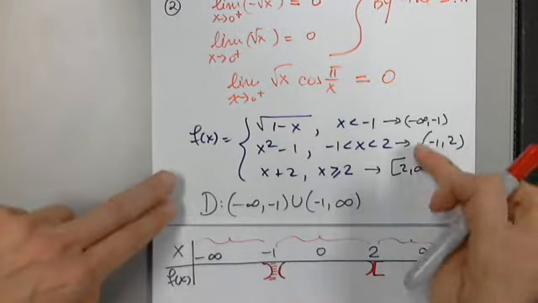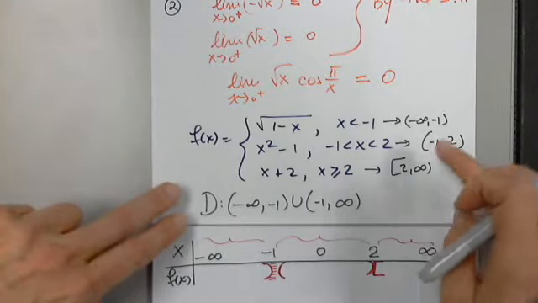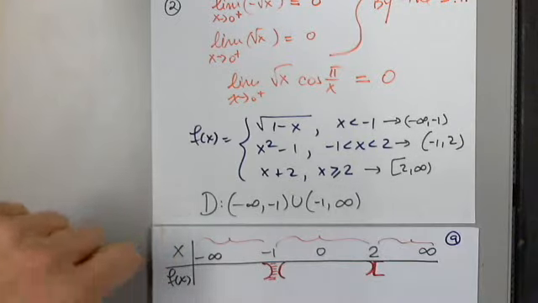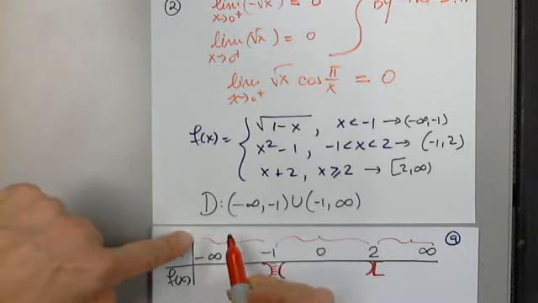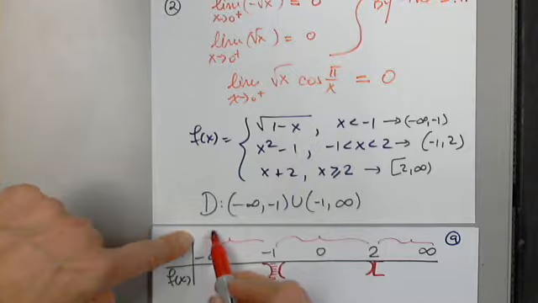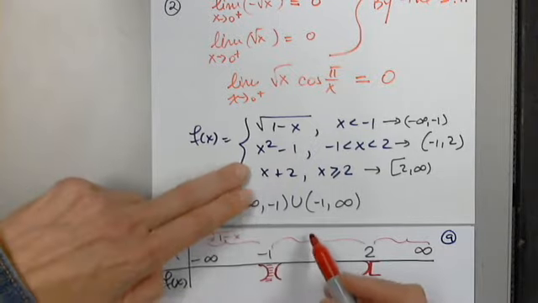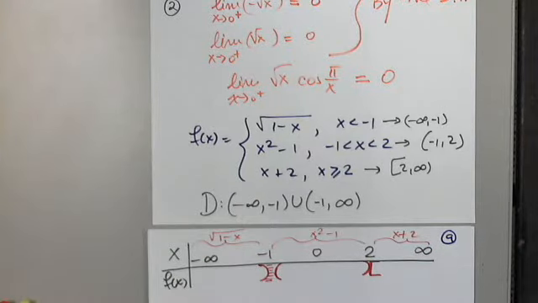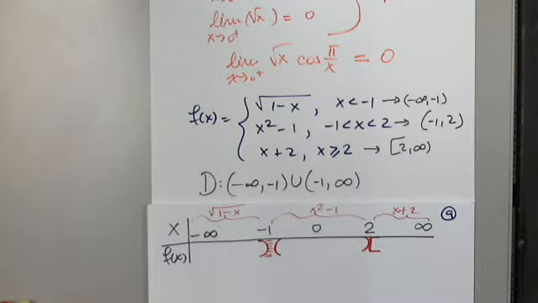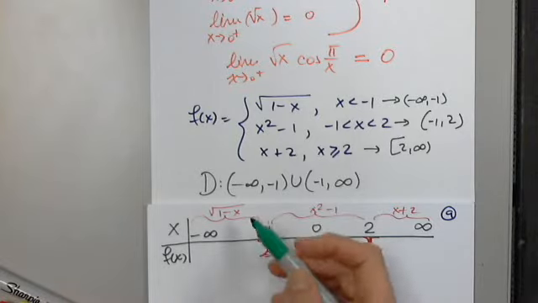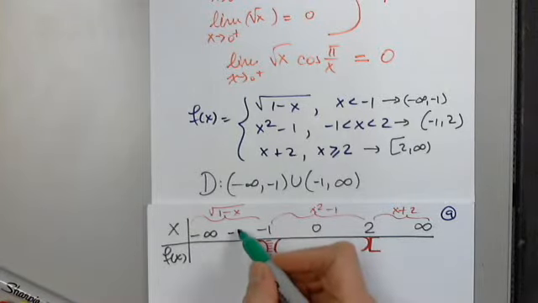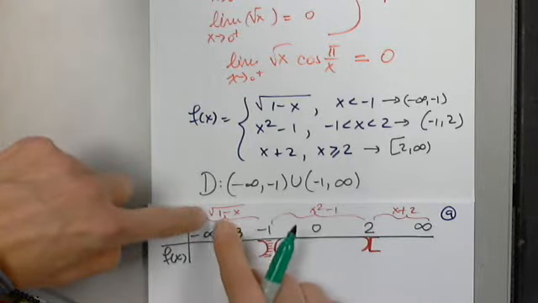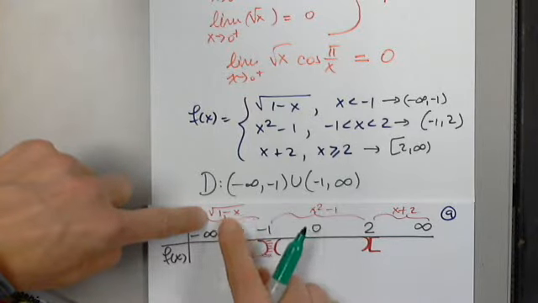Which function, because these may not be arranged in left to right order. So what is the first function here? Very good. Obviously in the middle a quadratic function, and then x plus 2. Okay, good. So now let's plug in, let's say negative 3. 1 minus negative 3 is 4.